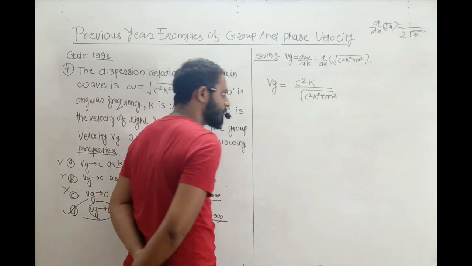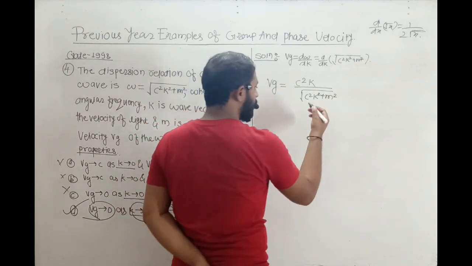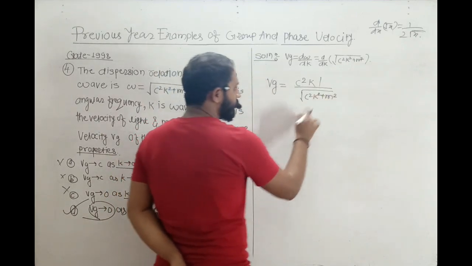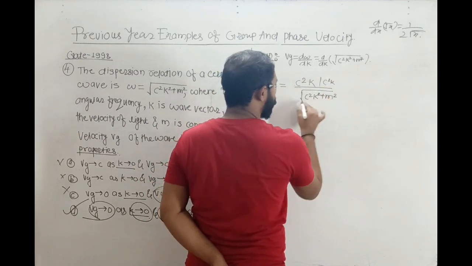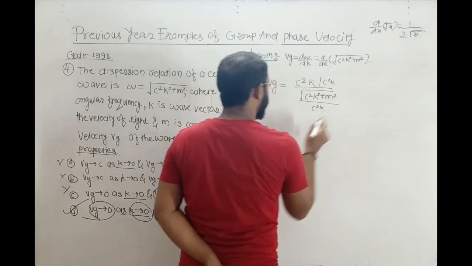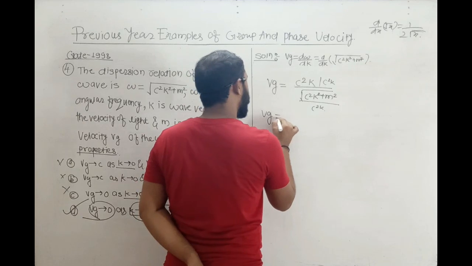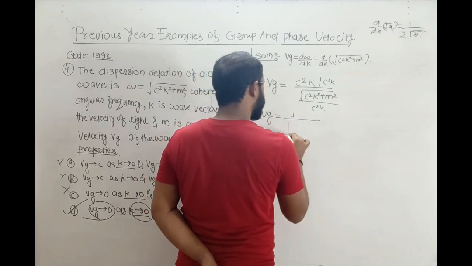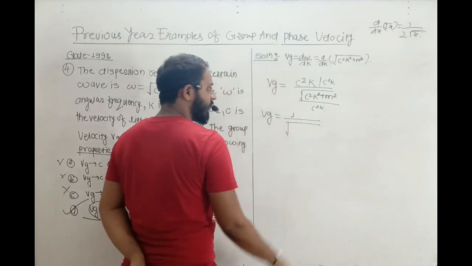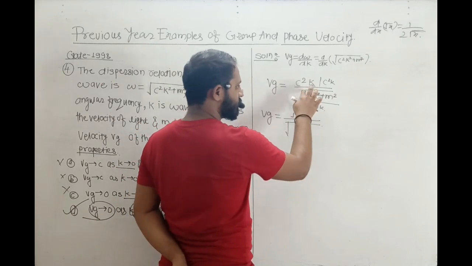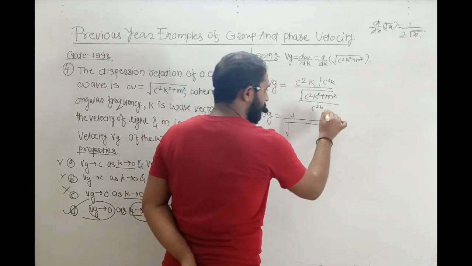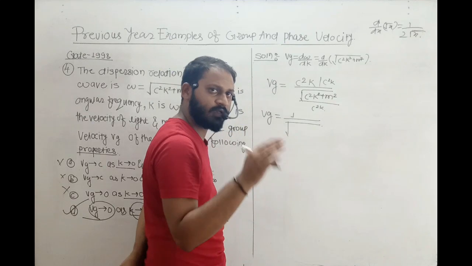Now see what I am doing. I am dividing the numerator and denominator by c square into k. Therefore Vg becomes 1 upon, now see, if I take this term in the square root, c square k becomes c power 4 k square.